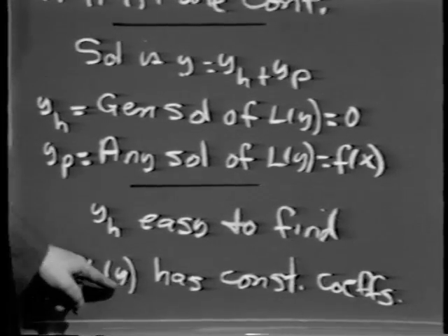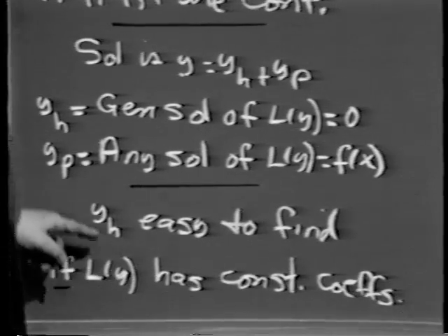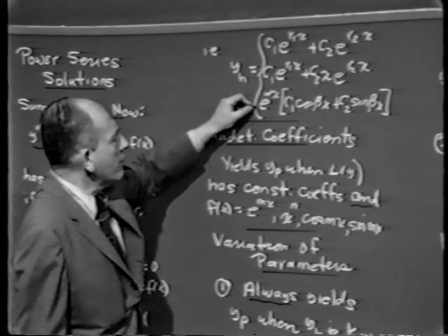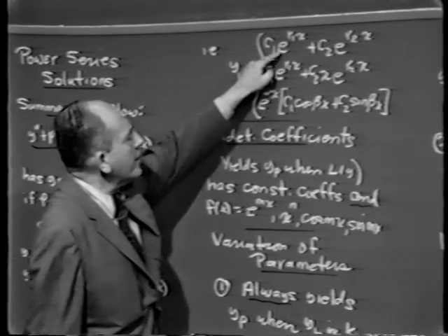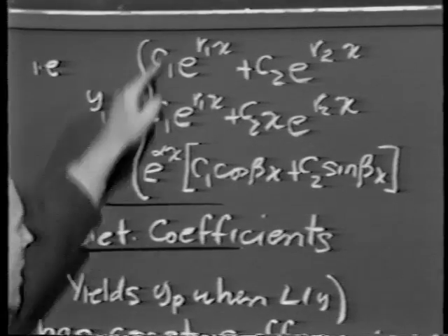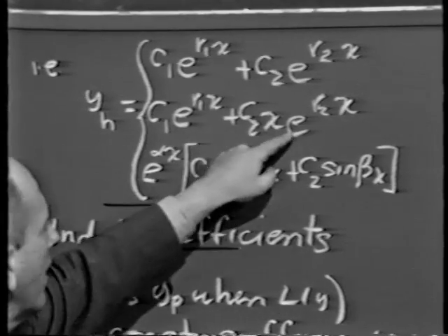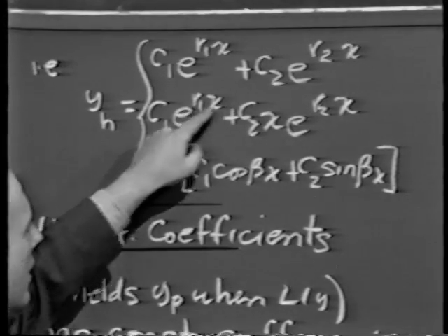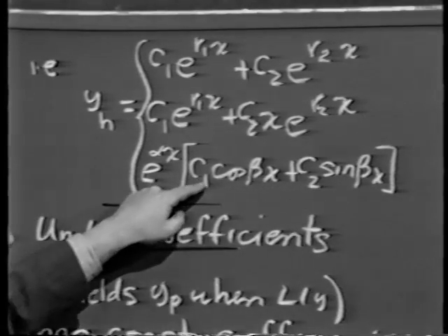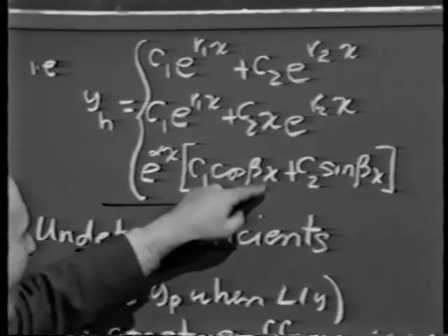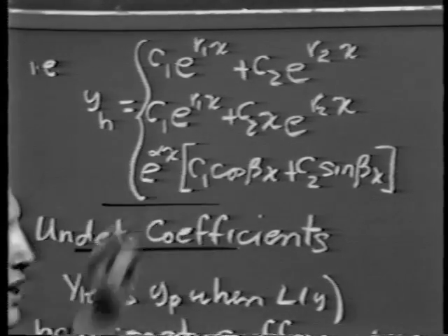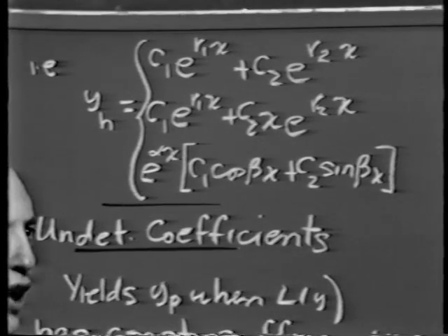If L of y has constant coefficients, then y sub h has one of these three forms, depending on what? This is the case that holds if the roots of the characteristic equation are real and unequal. This is the form that holds if the roots are real but equal. And this is the equation that holds if the roots are non-real, where alpha is the real part of the root and beta is the imaginary part of the root.